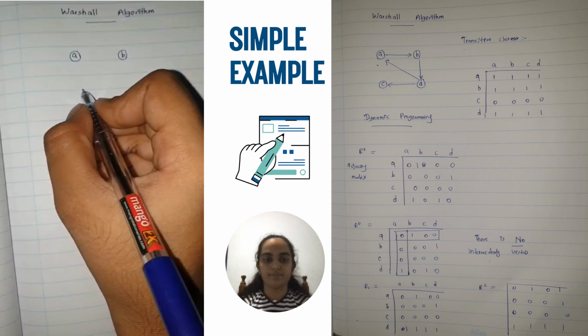Transitive closure matrix. Here is the final transitive closure matrix. The rows and columns are labeled A, B, C, and D. A 1 means there is a path between the nodes. A 0 means there is no path.